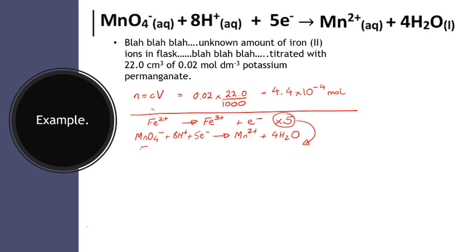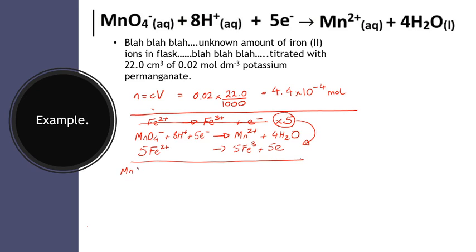So I'm going to have 5 Fe2+, and that's going to give me 5 Fe3+ and 5 electrons. I'm going to cross through that now because I've used it. Now we just add them together.